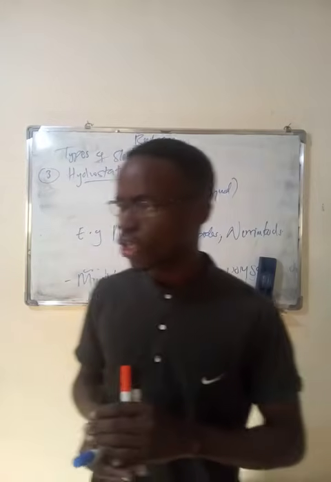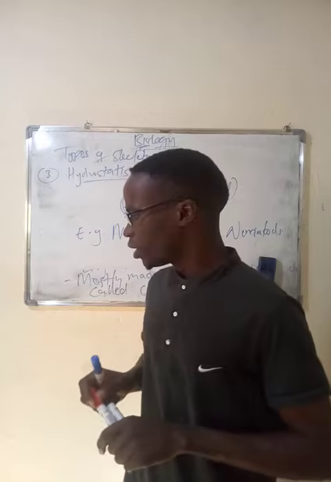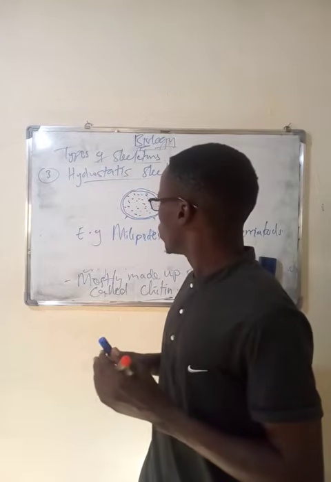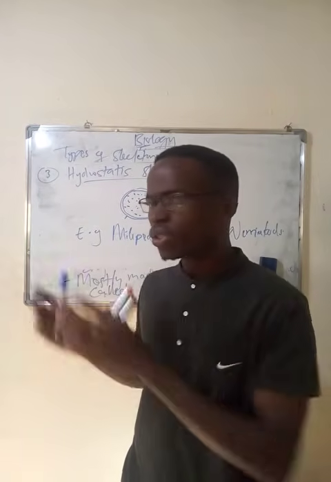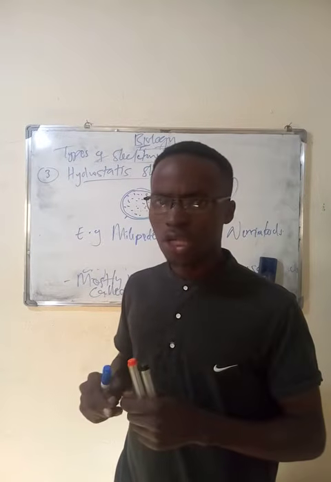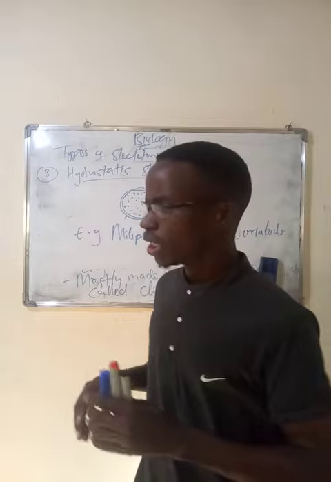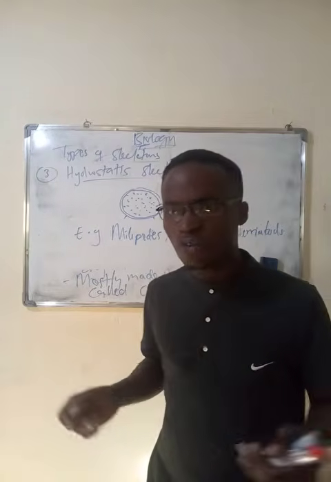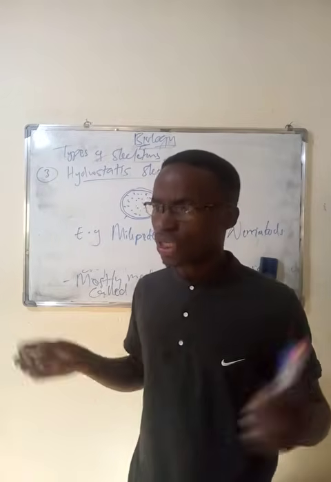Since we've talked about the types of skeletons, we're going to talk about the human skeleton, isn't it? I think that is where we're going to base much of our concentration, the human skeleton.